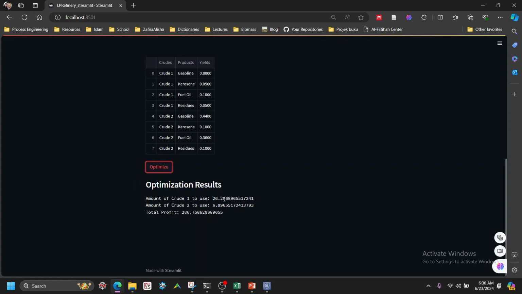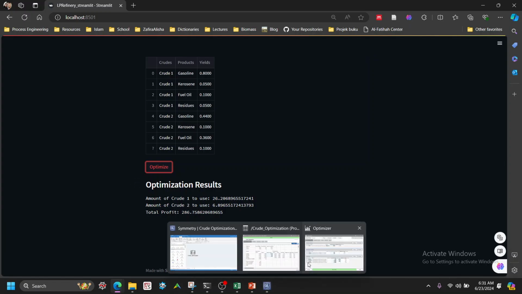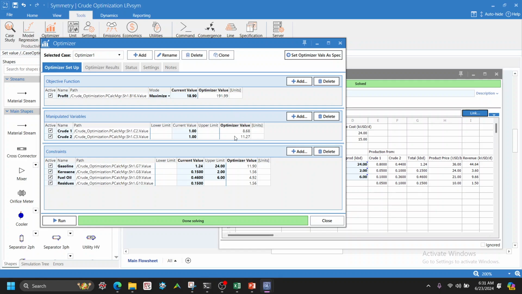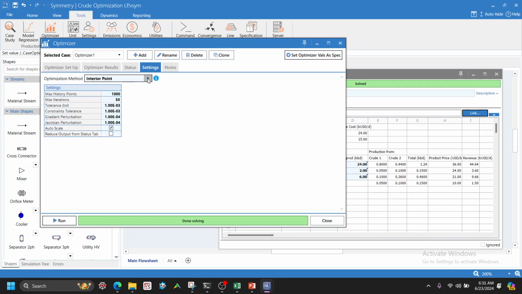So 26.2 for crude 1, and then 6.89 for crude 2, 286.75, which is then the correct number. This IPOPT is not even close, but if you use Powell, because it seemed to be closer, you can try all the other solvers.